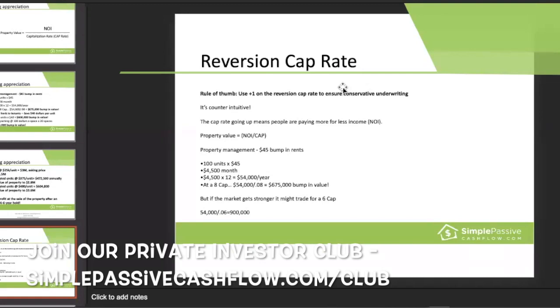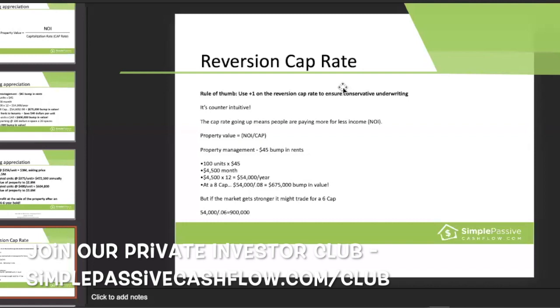You want to be using a 6% cap in your assumptions in the future. And going back to some of the examples that we did before, all those value add and expense reduction activities, you use those reversion caps on that, and it also impacts the sale of the property in the future.